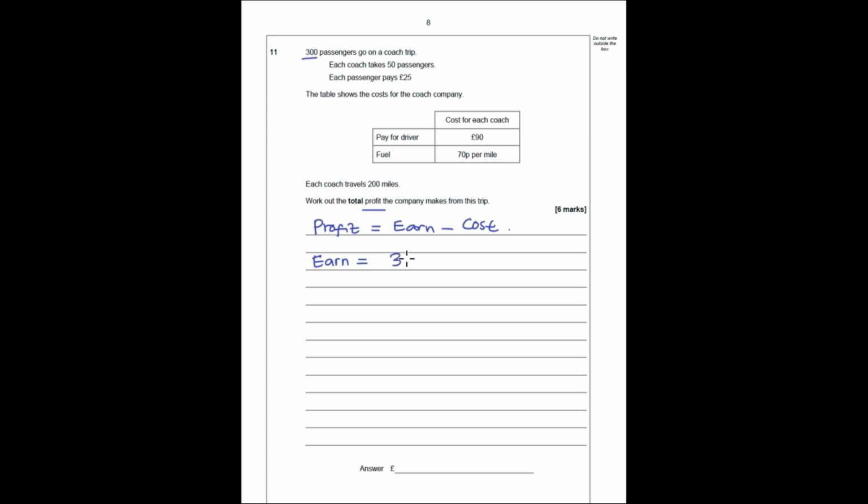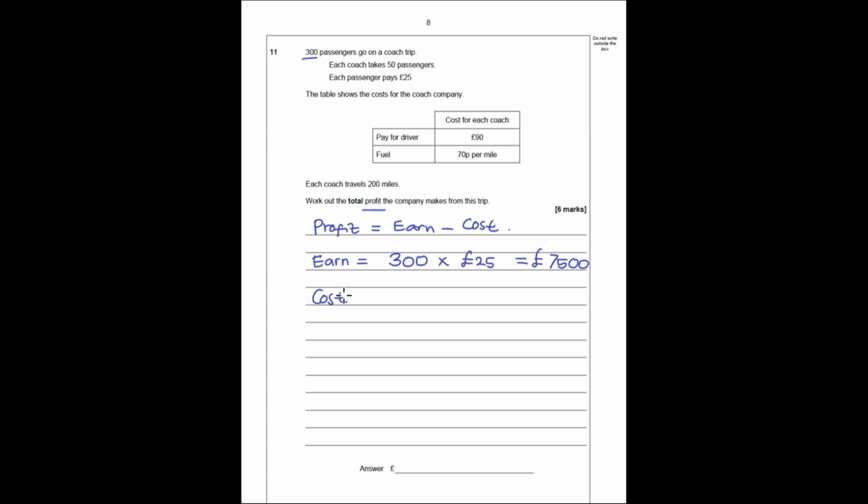So we get 300 times £25. 25 times 3, it is 75. And we got the hundreds here and pounds. Okay, that's how they earn the money. There's no more sources. That's okay. Then we can go to the cost.